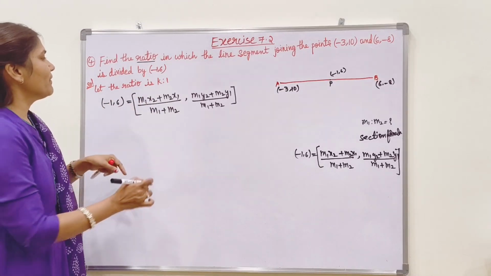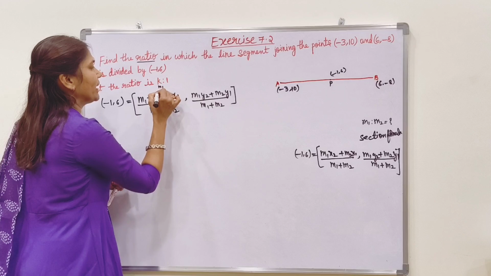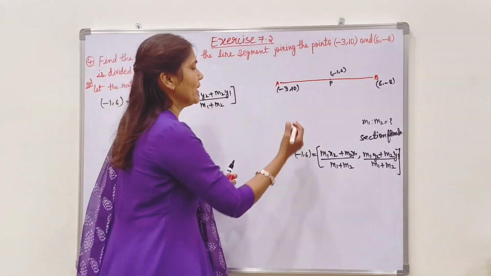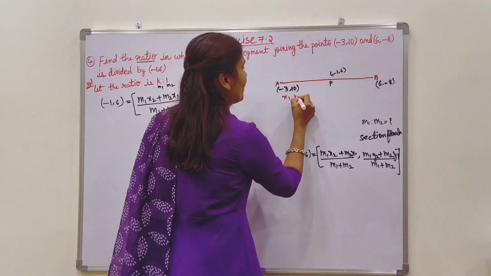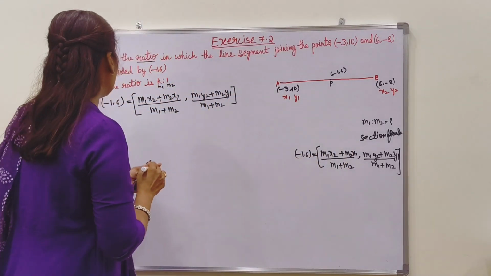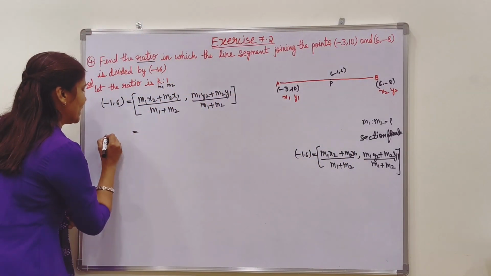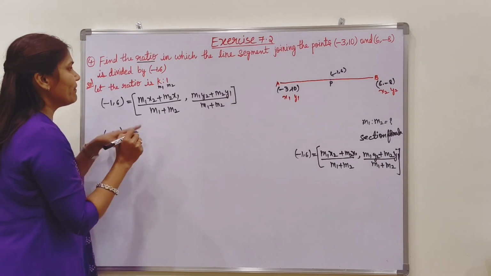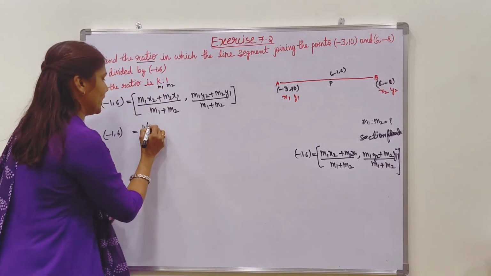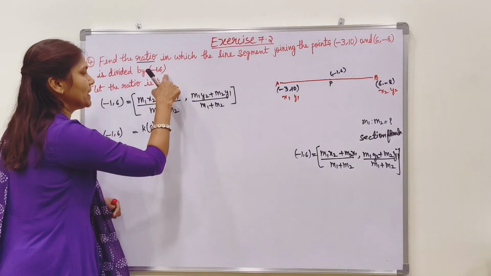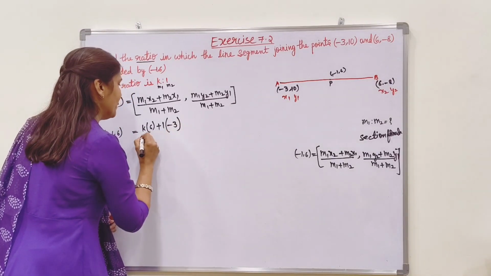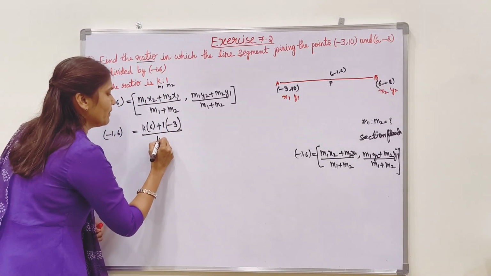M1 is K and M2 is 1. This is X1, Y1 and this is X2, Y2. Now apply the values. (-1, 6) equals: K into X2, that is 6, plus M2, 1, into X1, that is -3, divided by K plus 1.